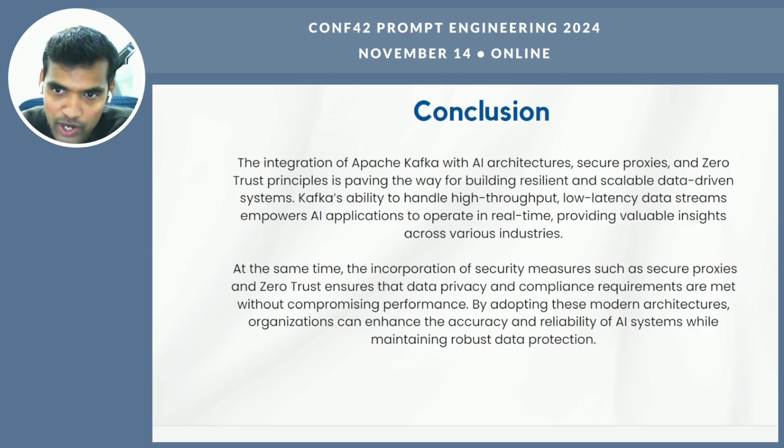It's a powerful way to make data more secure, scalable, and responsive across systems. By adopting these modern architectures, organizations can enhance the accuracy and reliability of AI systems while maintaining robust data protection.